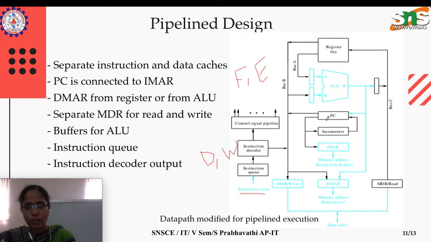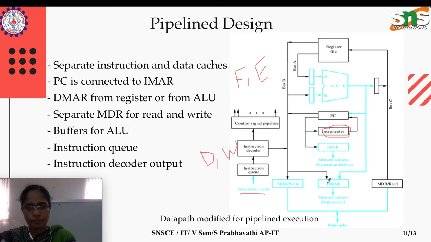Why? Because after each and every instruction fetch, the program counter has to be incremented. So this separate unit is used to increment without the involvement of ALU. And for data transfer and instruction transfer, separate registers are used.